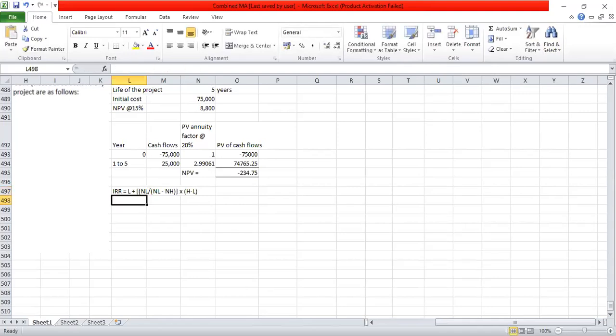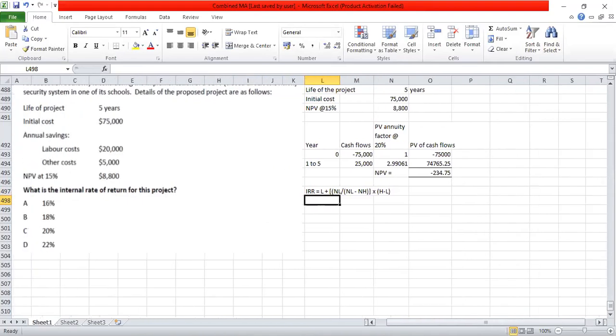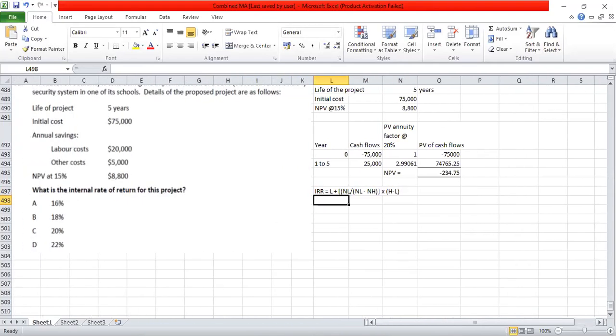Then let's substitute all the values in the equation. IRR is equal to the lower rate, 15%, plus, then open a square bracket.